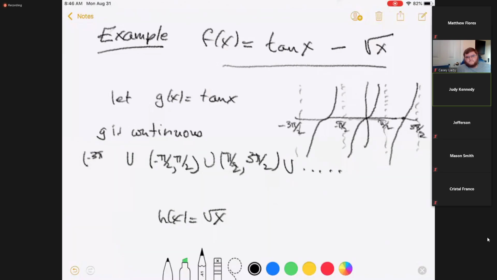Minus 3 pi over 2 to minus pi over 2. So it's continuous on an infinite collection of disjoint open intervals, but not continuous at any of the endpoints of those open intervals. So we have continuity information about the tangent.